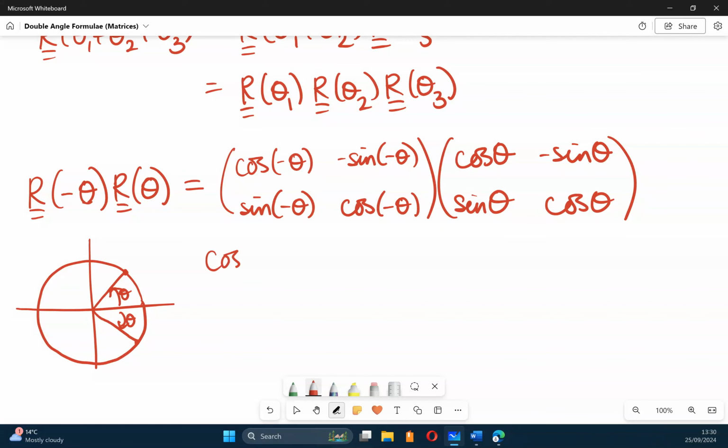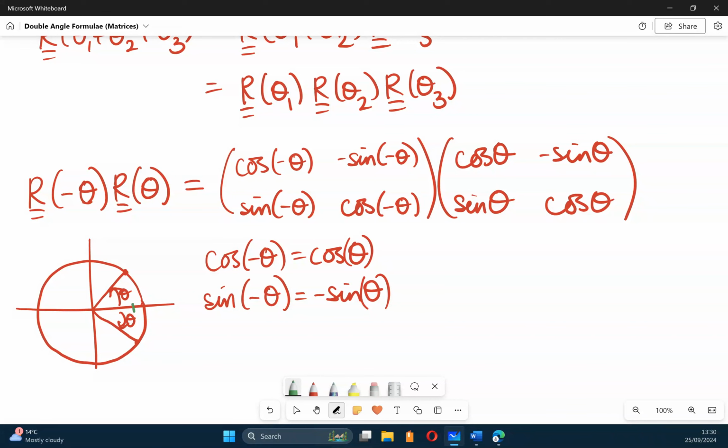So cosine of minus theta, the x coordinate, is still the same as cosine of theta. But then sine of minus theta is actually minus sine of theta. Because if you look here, the x coordinate is the same for both, but only the y coordinate has changed. So that's sine theta originally, now it's minus sine of theta.